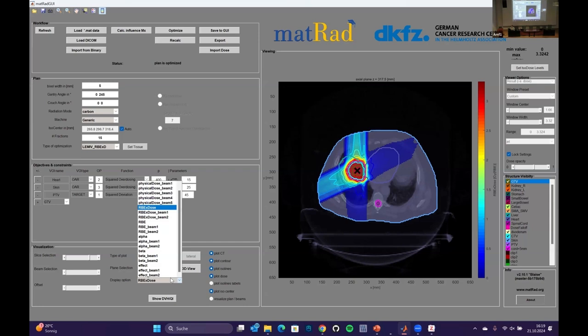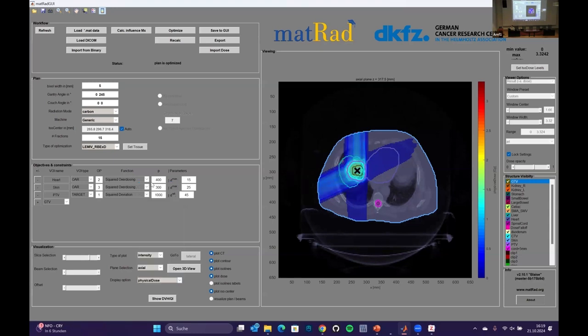And now I switch in this display option from RBE weighted dose to physical dose. There are still some other beams left over from the photons, I guess. I need to probably fix that so these get deleted. But let's just switch to the physical dose and see how much lower it is. The absolute energy deposited per mass is much lower than it needed to be for photons to achieve the same effective dose.